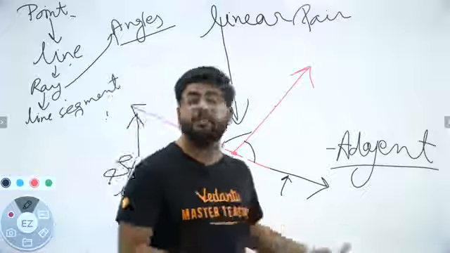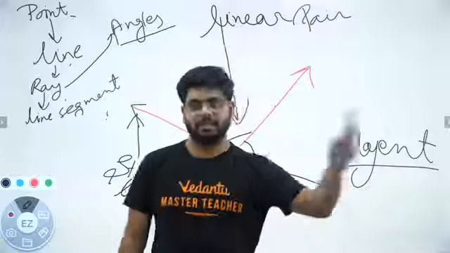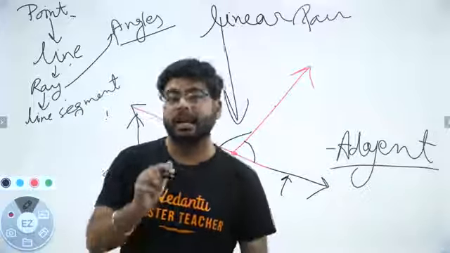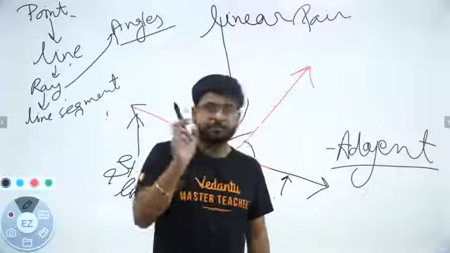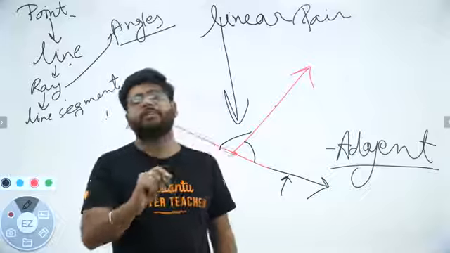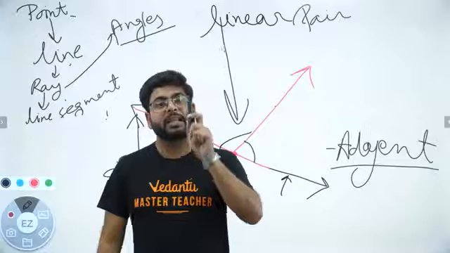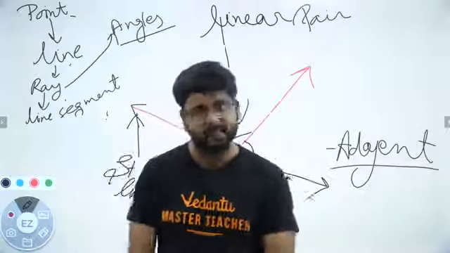So a small part of any line is a line segment, because it is a piece of a line. A line segment always has a fixed measurement. A line can never have a fixed measurement because it is always extended in both directions. If I talk about any fixed measurement, then definitely I'm talking about a line segment only.